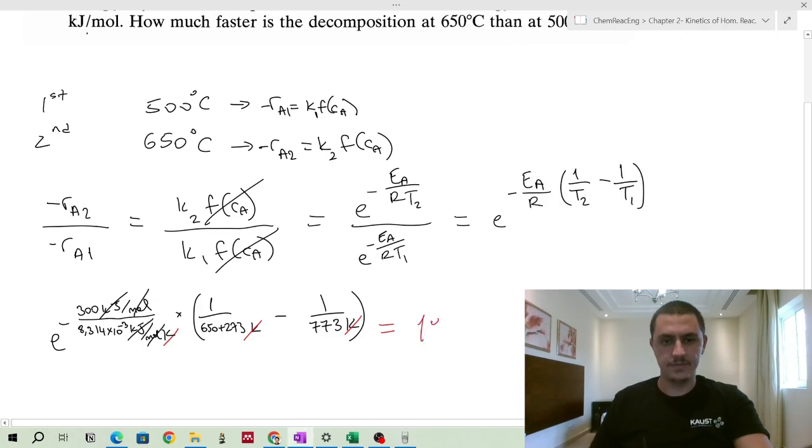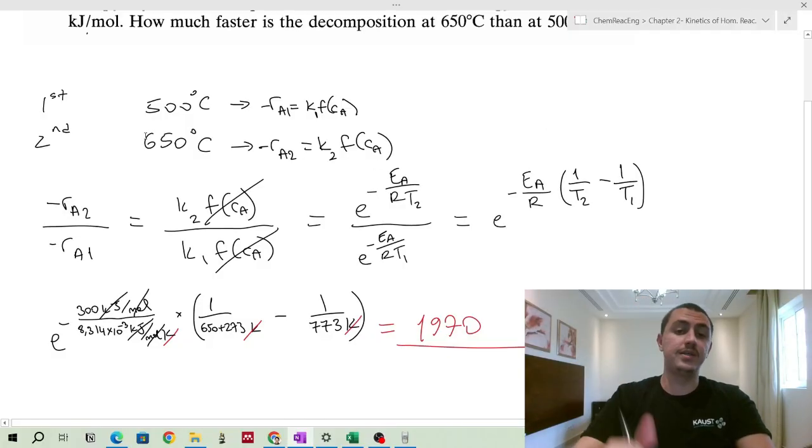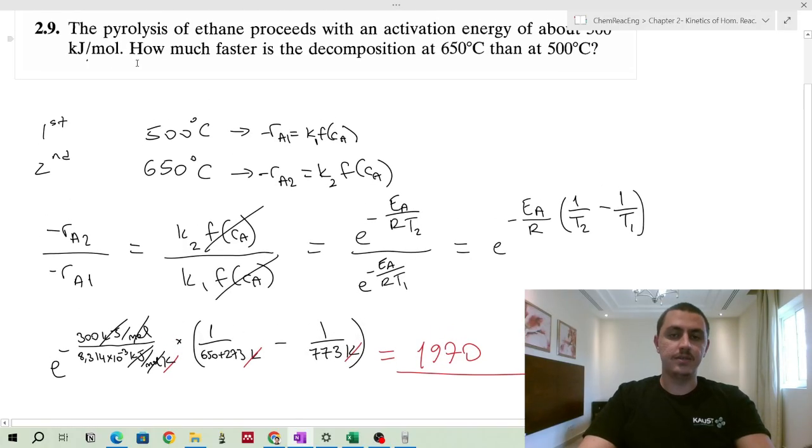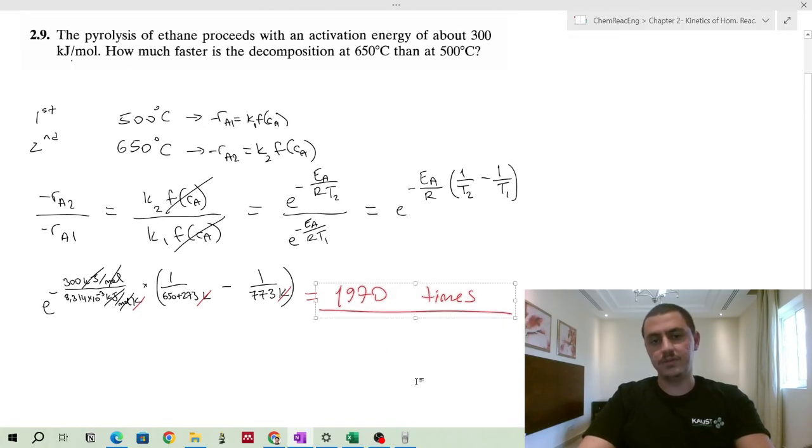Okay, so that's a huge number actually. That's a huge number, but that can happen if we have 150 degrees Celsius, and it depends also on the activation energy that will also affect the effect of the temperature. It's bigger or less. So we found the ratio between two reaction rates.